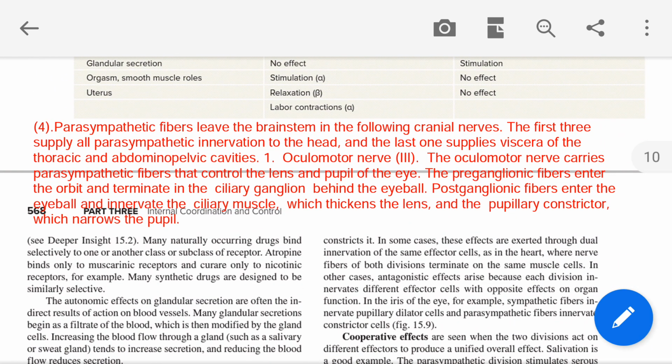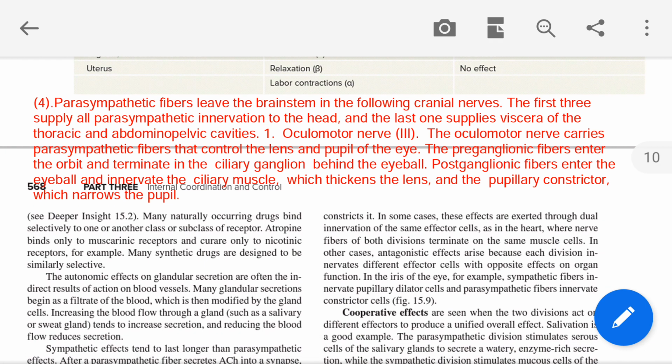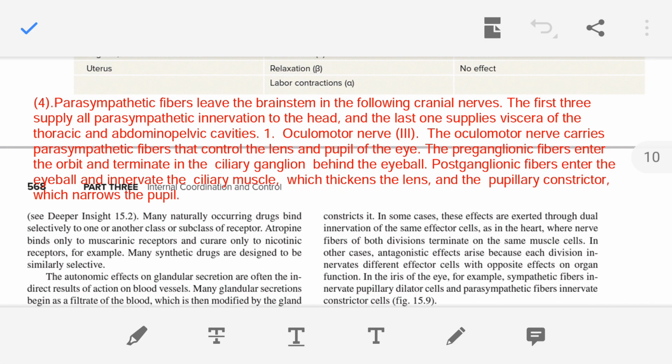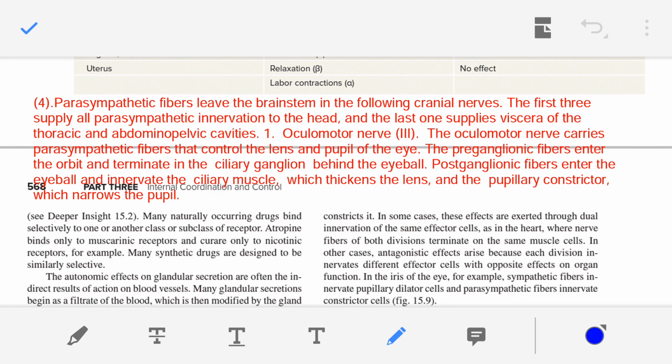Now we are discussing the fourth point. See, the parasympathetic fibers: we know the somas are present in the brain and spinal cord, right? The parasympathetic fibers are the bundles of axons. The soma is present in the brain and spinal cord, and the axon bundle leaves the brainstem.